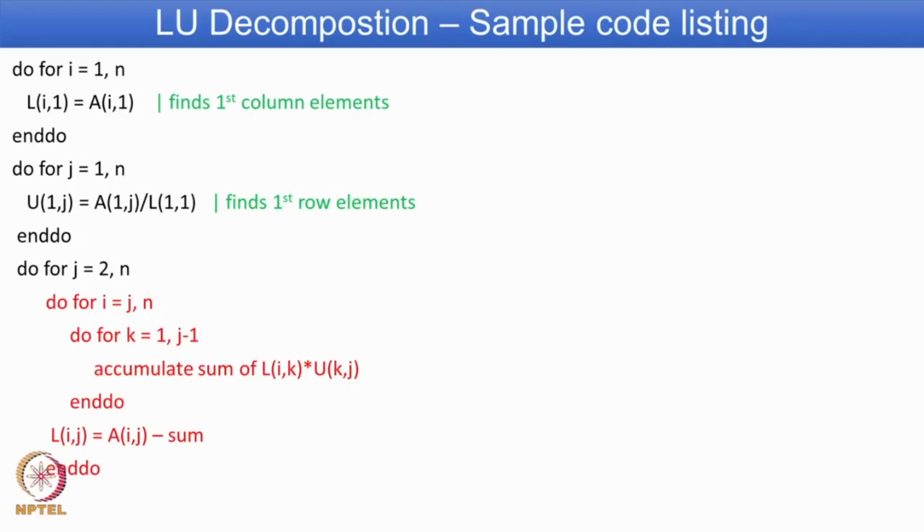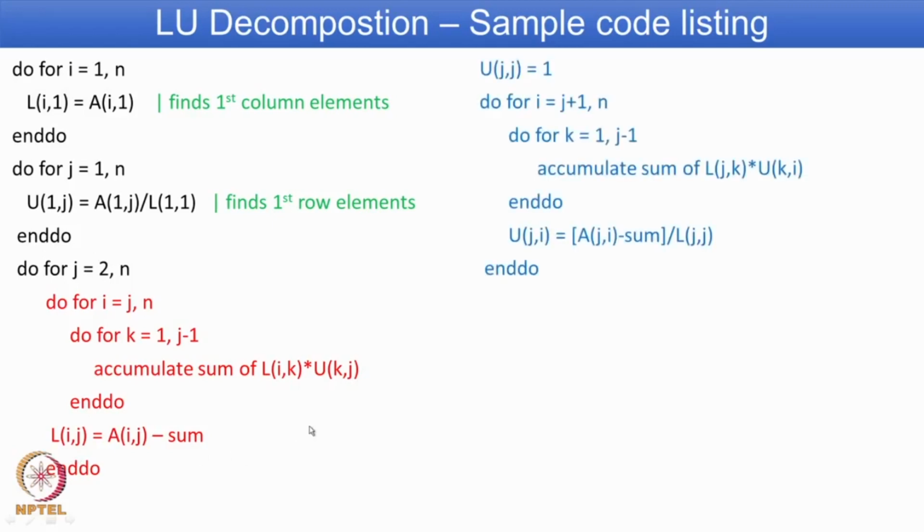Then we find other elements in the L matrix and U matrix with the help of the recursive relationship we displayed just now. The same relationship is written in the form of a programming listing here. So, for j equal to 2 to n, for i equal to j to n, k equal to 1 to j minus 1, you accumulate the sum of Lik and Ukj, end do, then you find the elements of coefficient matrix L. Similarly, for the U matrix, that is also listed here.